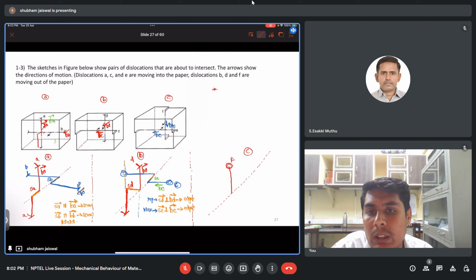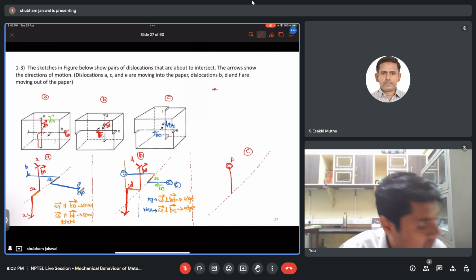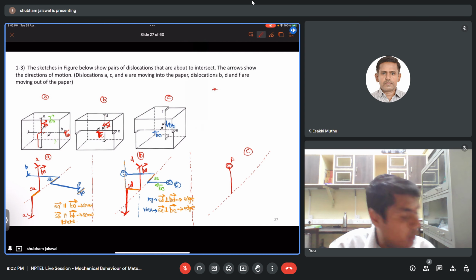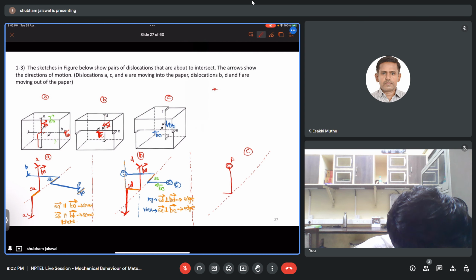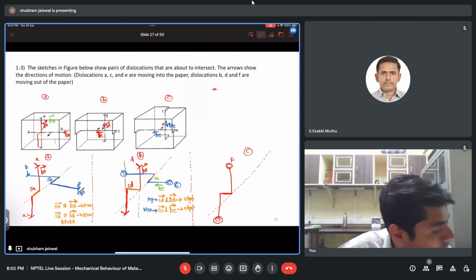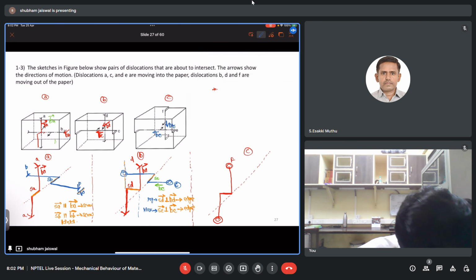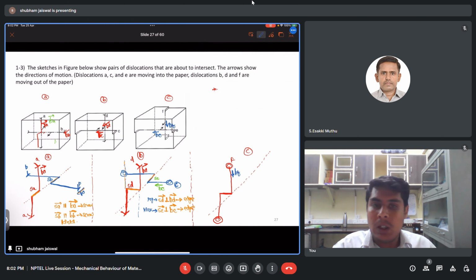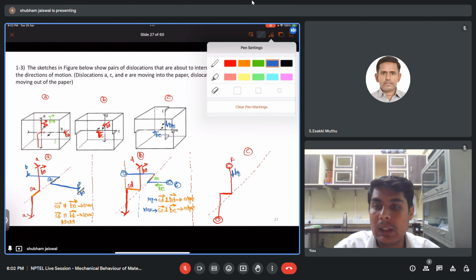So it will create a step in the F dislocation in the direction of Burgers vector of E. So it is moving towards the left, so it will create a step on this side. Okay. And this is the remaining one. So this is my dislocation F, and the direction of Burgers vector will be downward. This is BF.